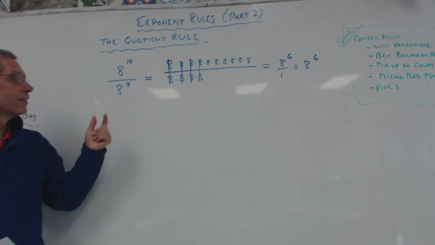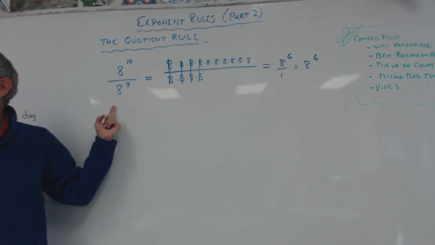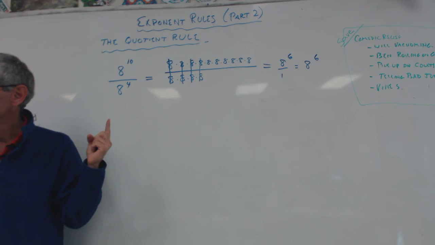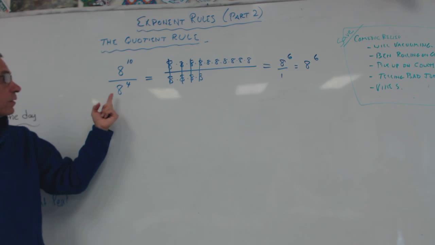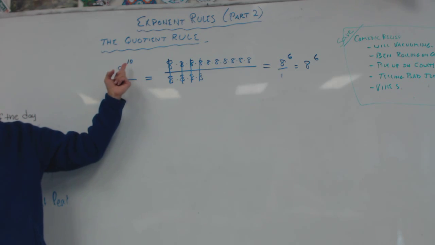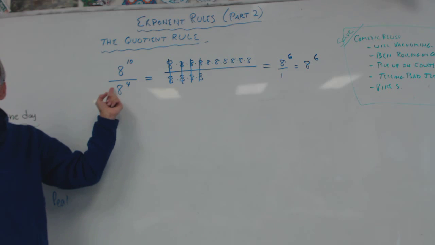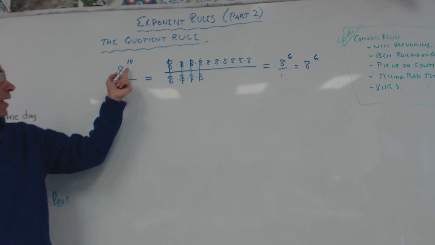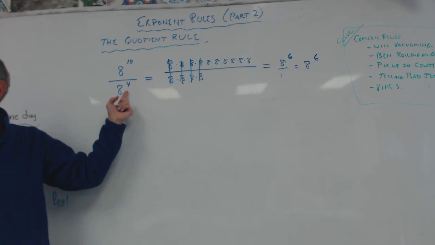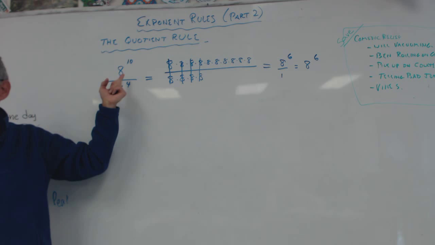When you have same bases and you are dividing the bases with exponents, then you subtract the exponents, and I think of this long fraction line as a huge minus sign. So 10 minus 4. It's 6. It's never 4 minus 10, it's 10 minus 4, top minus the bottom.